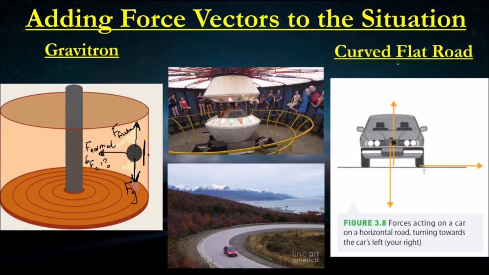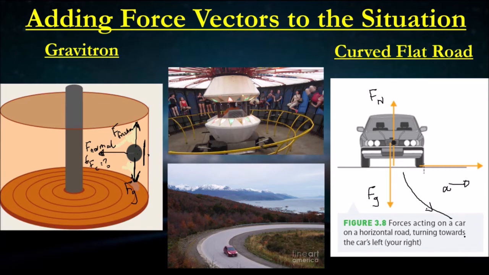Okay, what about a curved flat road? So we're trying to turn a corner around the road. We have our gravitational force down here. We have our normal force up here. And we also have this going through. Now, say, for example, I'm trying to turn. My acceleration is going in this direction. So acceleration is going that direction, and I get that curved path.